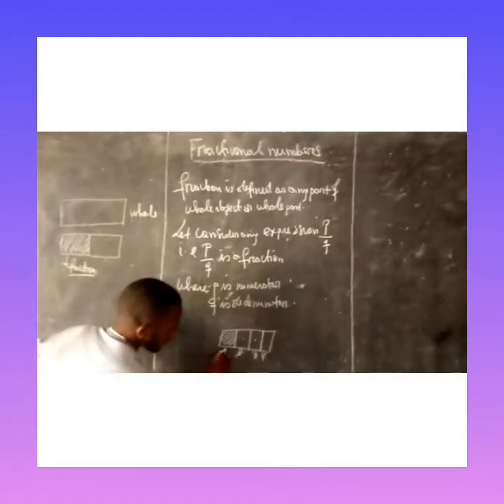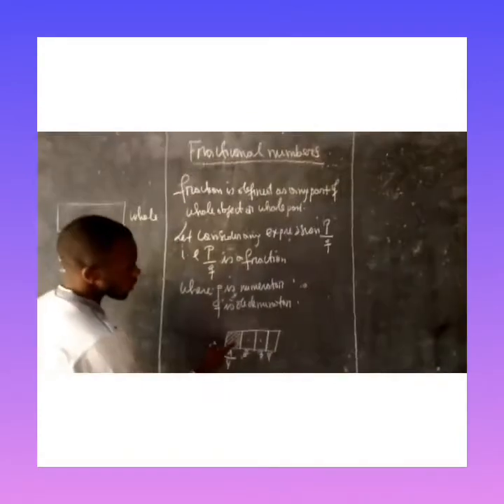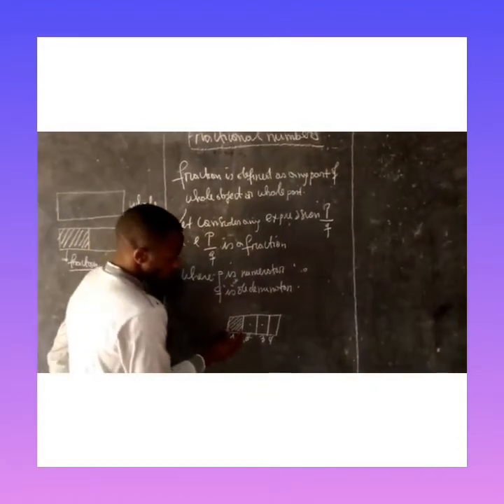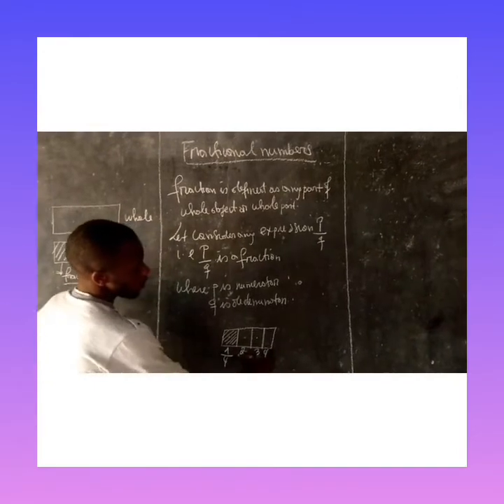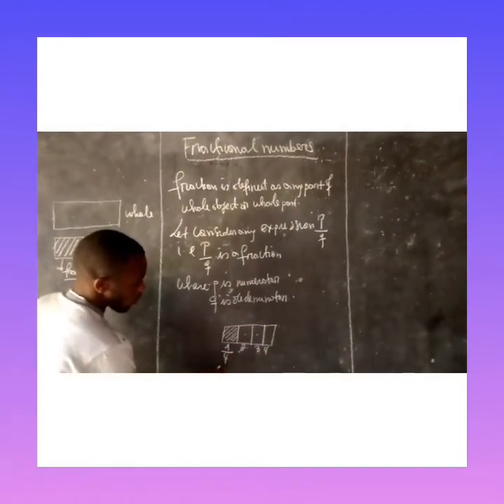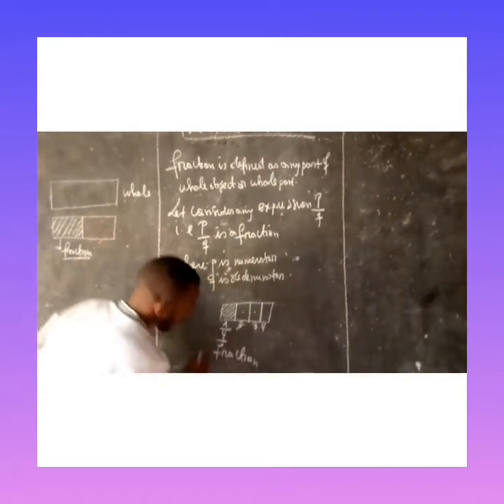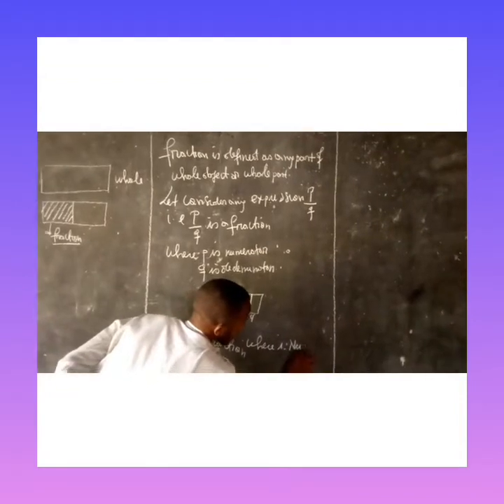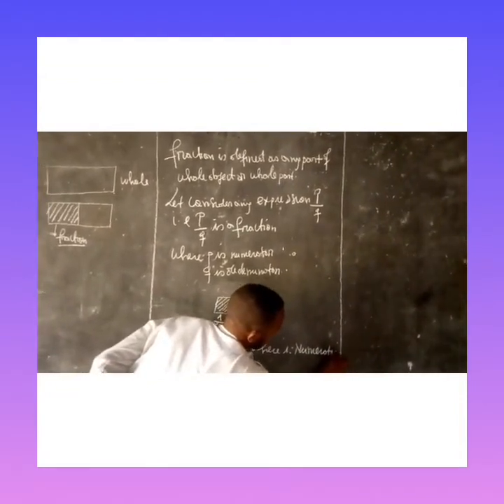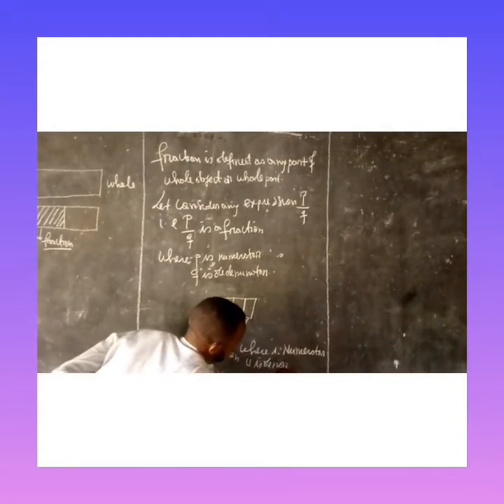You select one rectangle, or one piece among the 4 pieces. This one, 1/4, is what you call a fraction, where 1 is the numerator and 4 is the denominator.